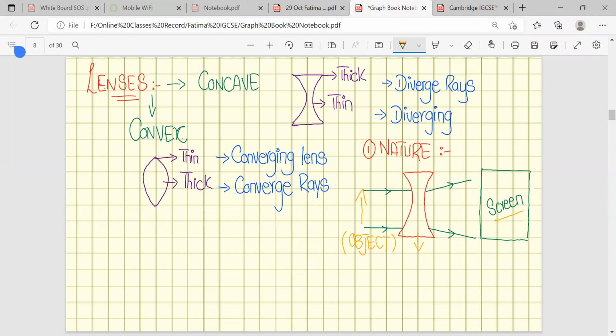So in a practical experiment you can't get the image of that object on the screen, because the light rays are diverging, they are not intersecting, they are not combining at one point, so there will be no image formed on the screen, right? So when there is no image on the screen, the image is known as virtual, right?